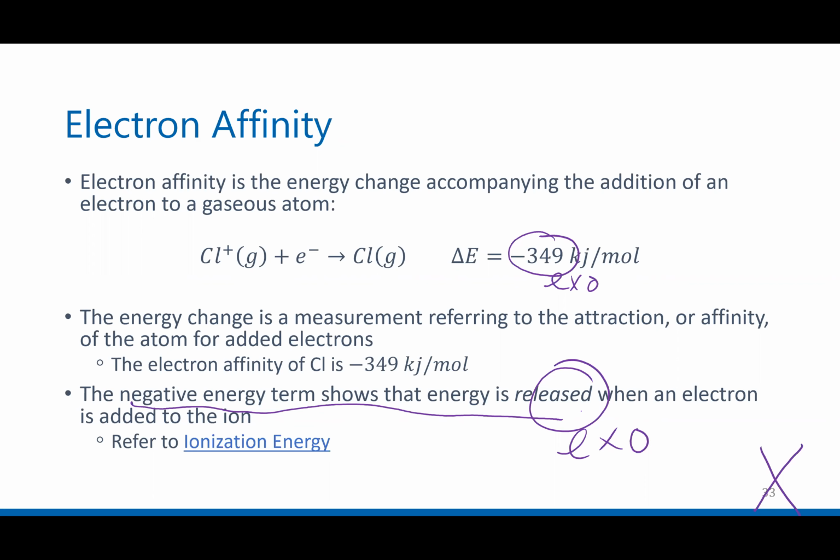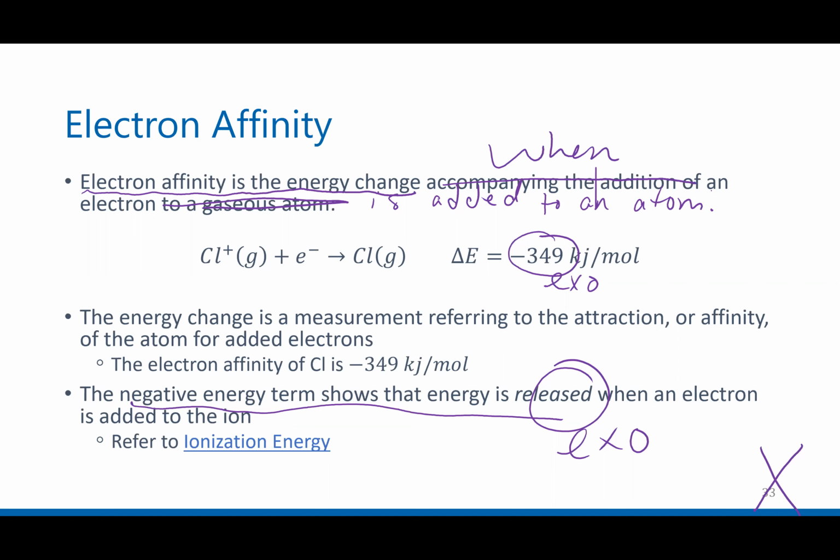Yeah, the definition is this: the electron affinity is the energy change when an electron is added to an atom. That's the easy one. Okay, so electron affinity is the energy change when an electron is added to an atom.